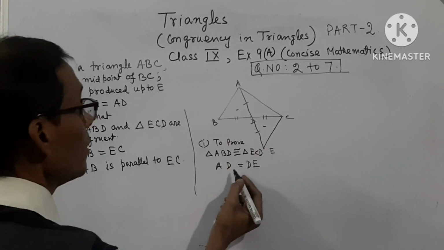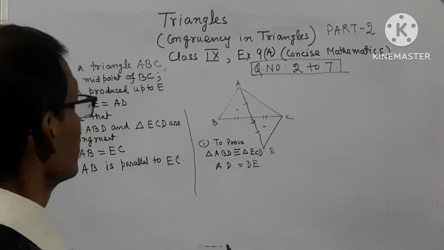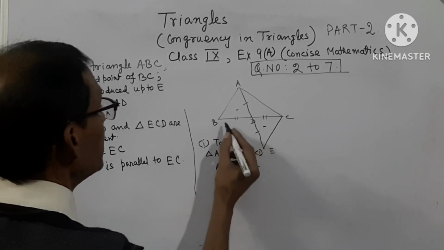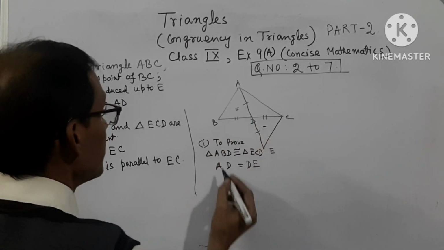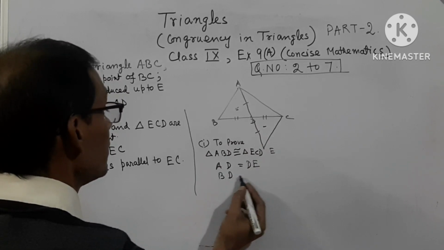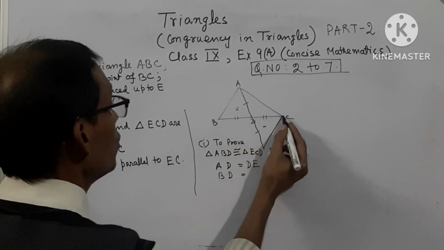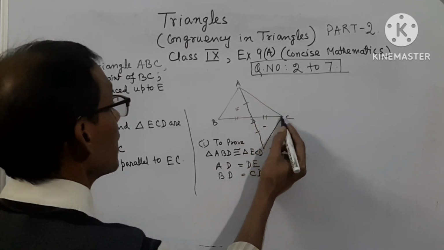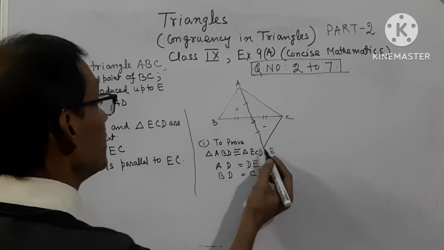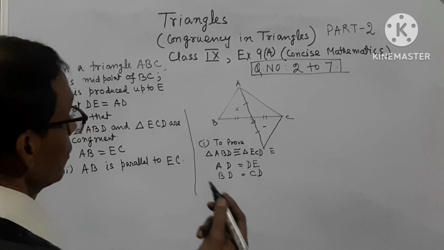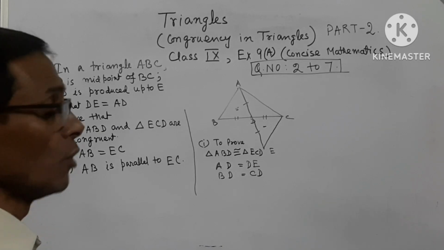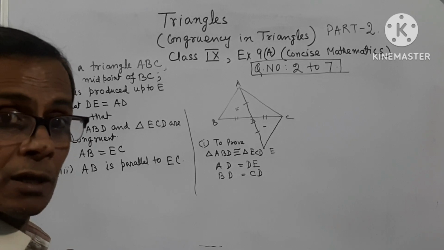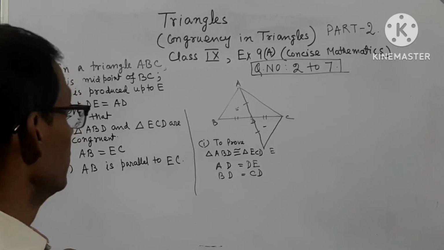So they become corresponding sides, corresponding parts. And again, here BD, in this triangle, BD is there, and I can see here BD equal to CD. And CD is part of triangle ECD. Fine. Two sides we got equal, but there is one more equal part required.